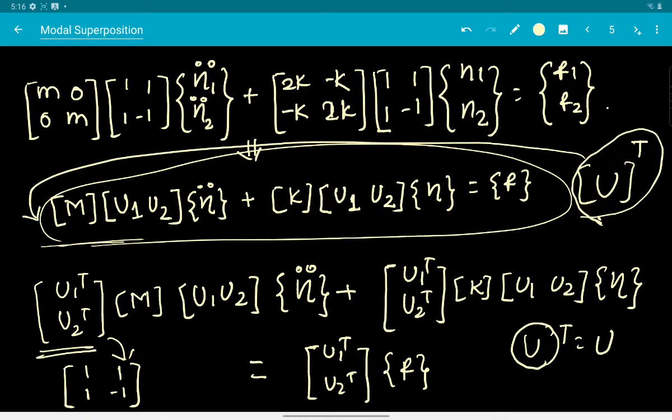So let me write down in whatever numbers that we have obtained. So it's like this: 1 1 1 minus 1. Now this is the first mode shape and this is the second mode shape. You are now arranging mode shapes in this fashion.